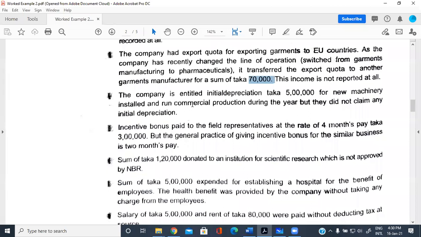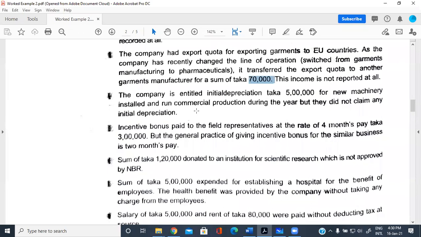The company is entitled to initial depreciation of taka 500,000 for new machinery installed and run in commercial production during the year, but they didn't claim any initial depreciation. In that case, what should you do? Deduct.